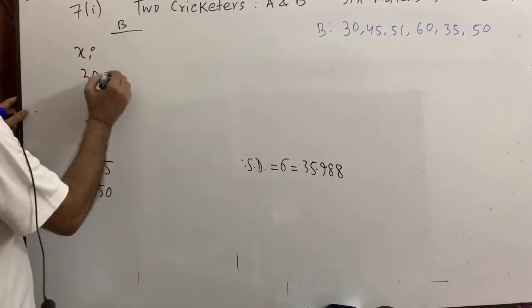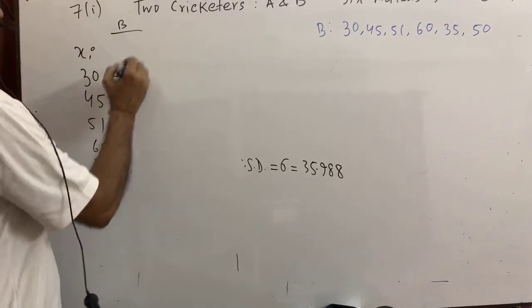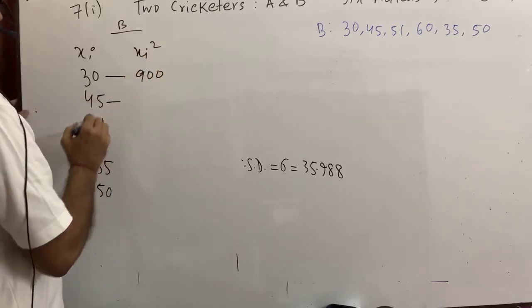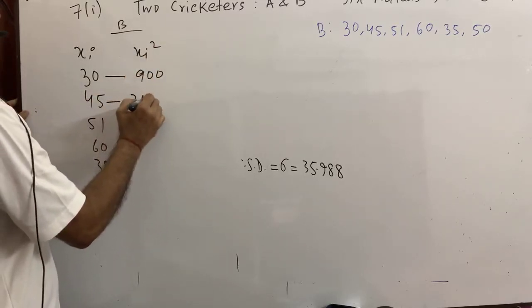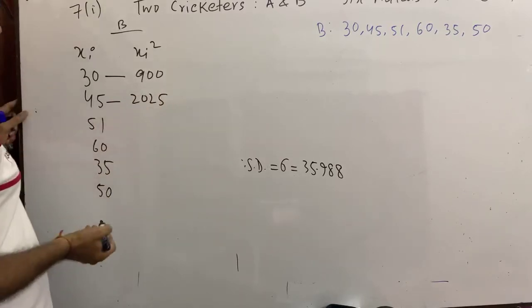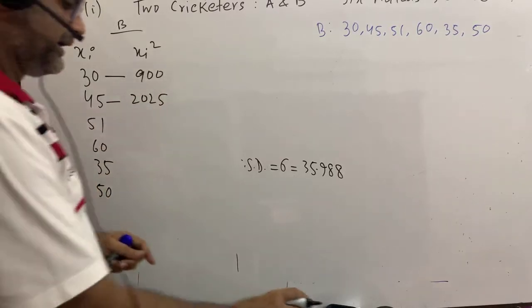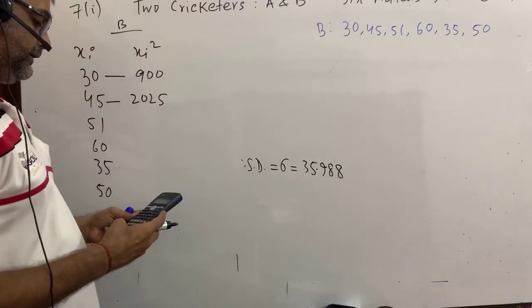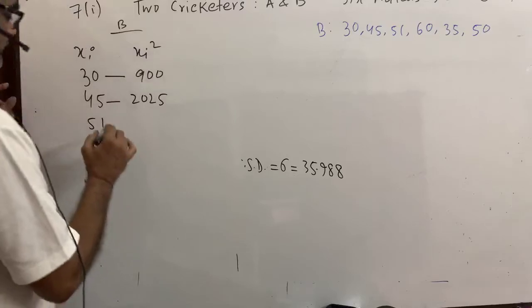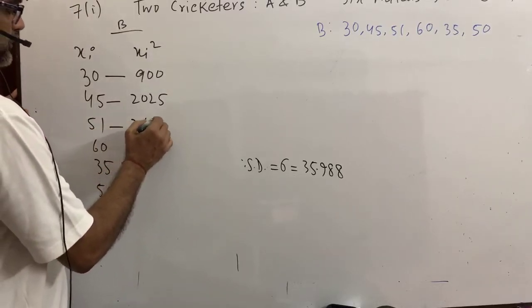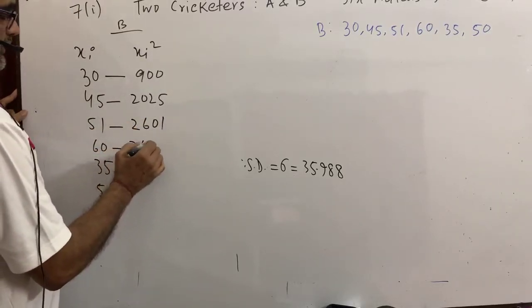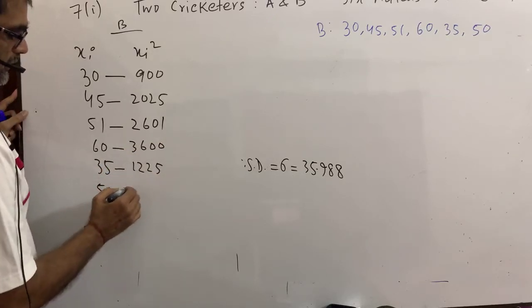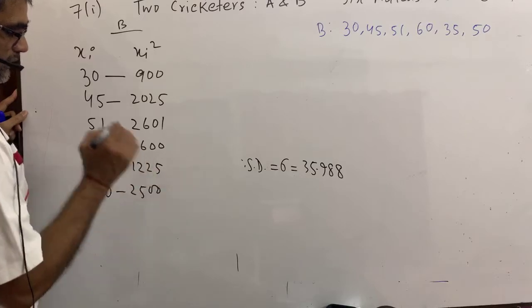Then xi square: 900, 2025, 51 square is 2601, 3600, 1225, 2500. Now you calculate, please.